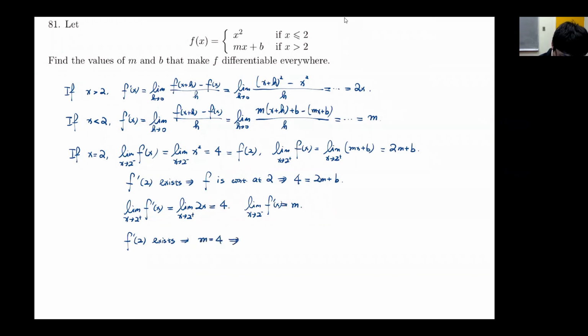Okay, so together with this equation over here, what we get is 4 equals 2m plus b, and then as a result, b equals minus 4. Okay, so this finishes the discussion of number 81, and that concludes the supplementary video for lecture 8.